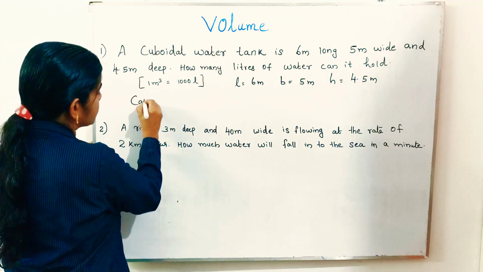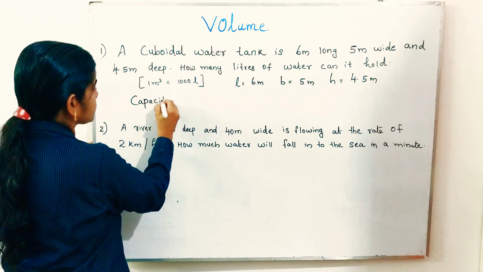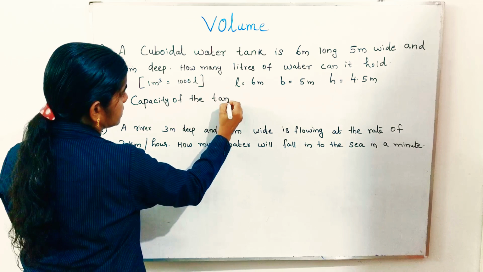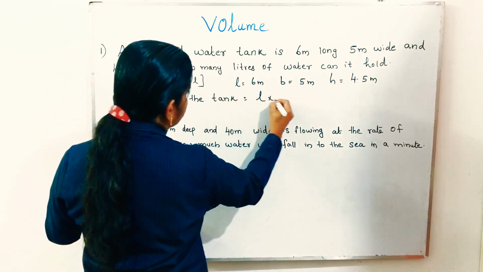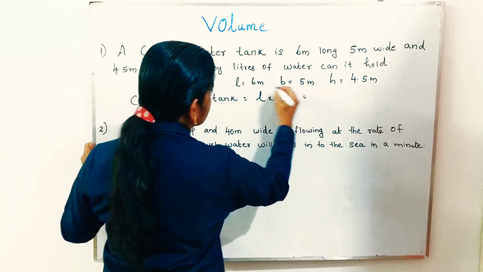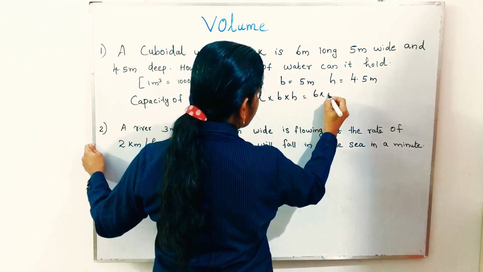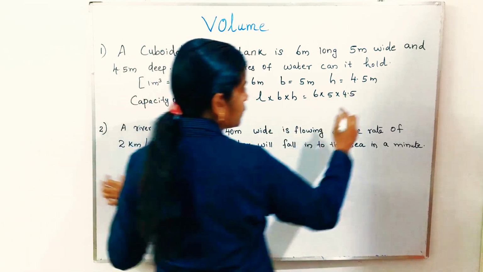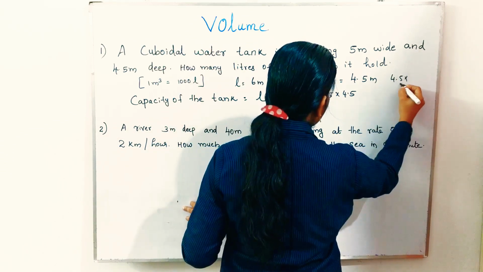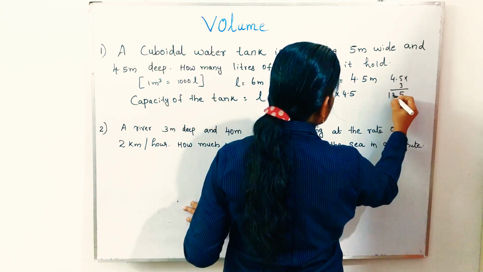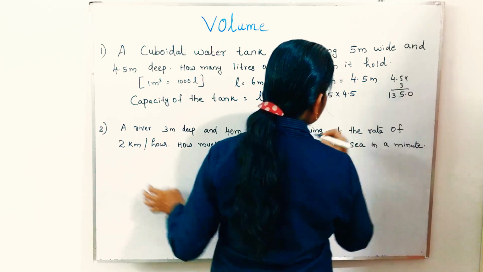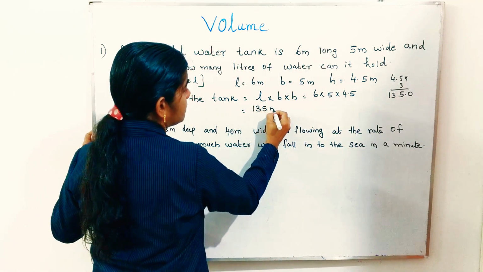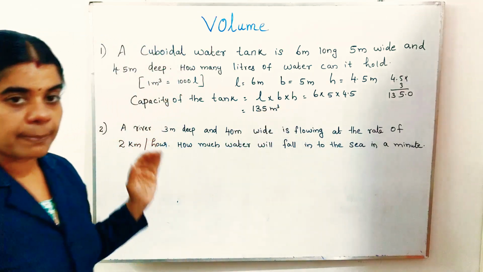You can write capacity of the tank is equal to L into B into H. That is 6 into 5 into 4.5. That is 30 into 4.5, that is 135. 135 meter cube will be the capacity of the tank.